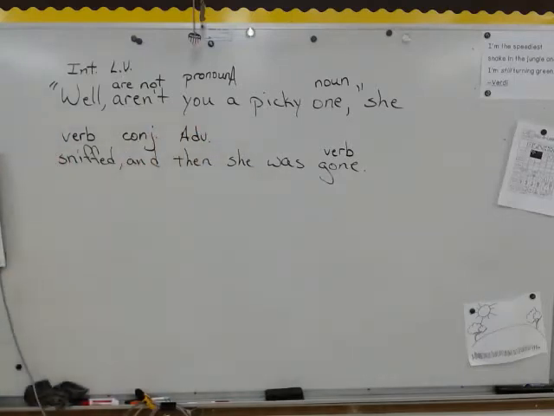Then is going to be an adverb because it's telling me about the verb gone. Gone when? Then. Adverbs are going to answer how, when, and where about a verb.